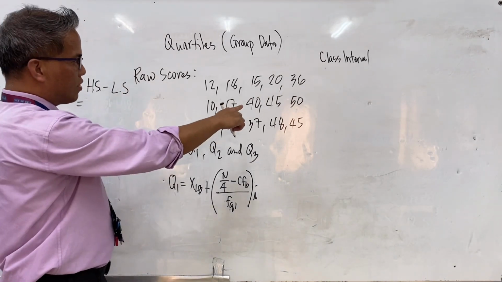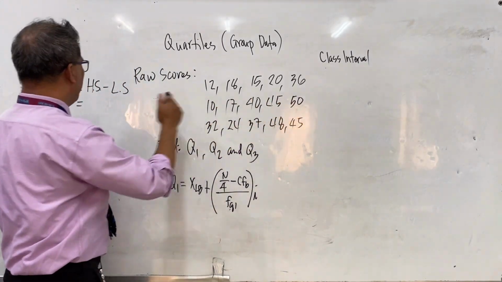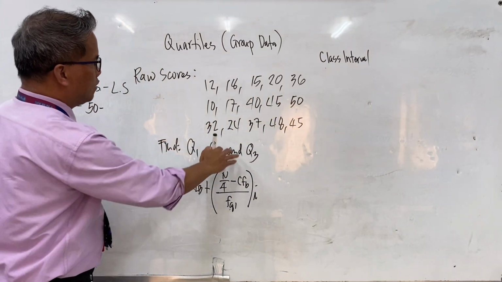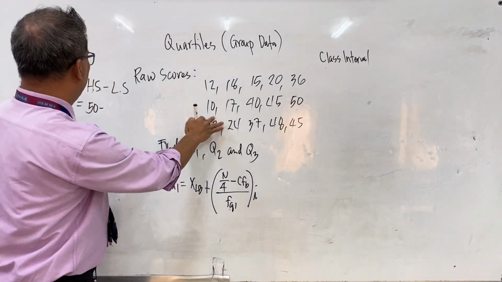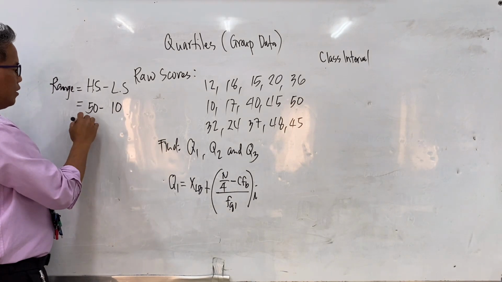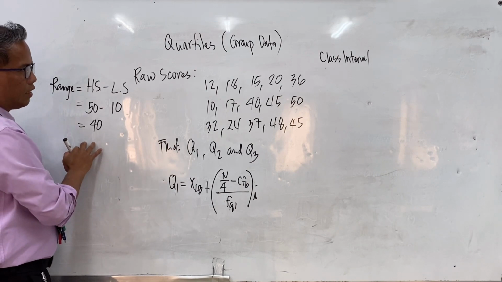The highest score is 50. 50 minus the lowest score, which is 10. So 50 minus 10 is equal to 40. So this is now the range.